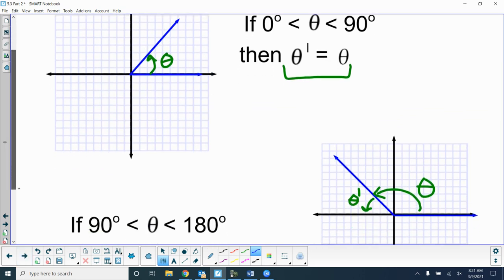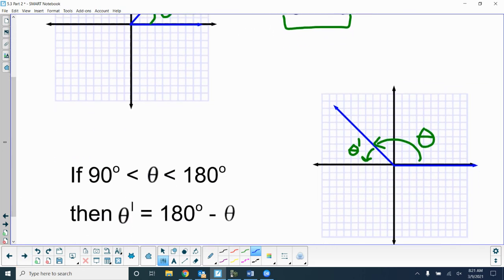If you're in the second quadrant, between 90 and 180, your reference angle is between this side and the x-axis. So if that's a 120, that's going to be 60. If that's a 170, that's going to be a 10. The reference angle is always between the x-axis and that line, which is the hypotenuse. We're always going to be inside the right triangle, back at the origin.